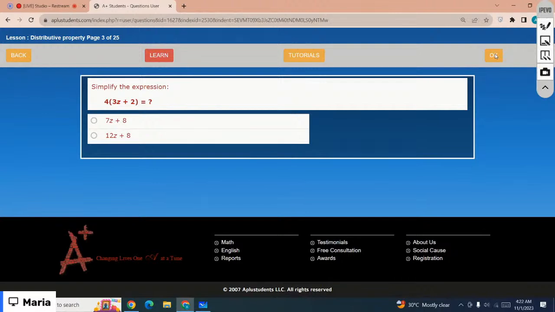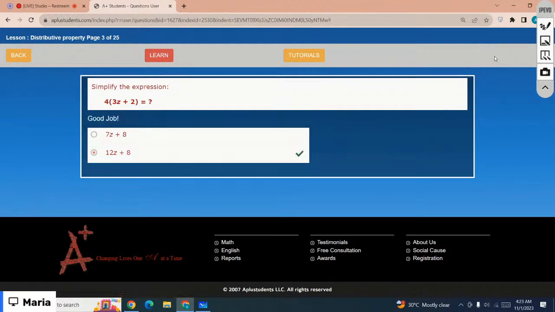Okay, the next one is simplify the expression 4 times 3z plus 2. Which is the correct option? The correct option is 4 times 3 is 12, that is 12z, plus 4 times 2 is 8. So option number B is the correct option, 12z plus 8.